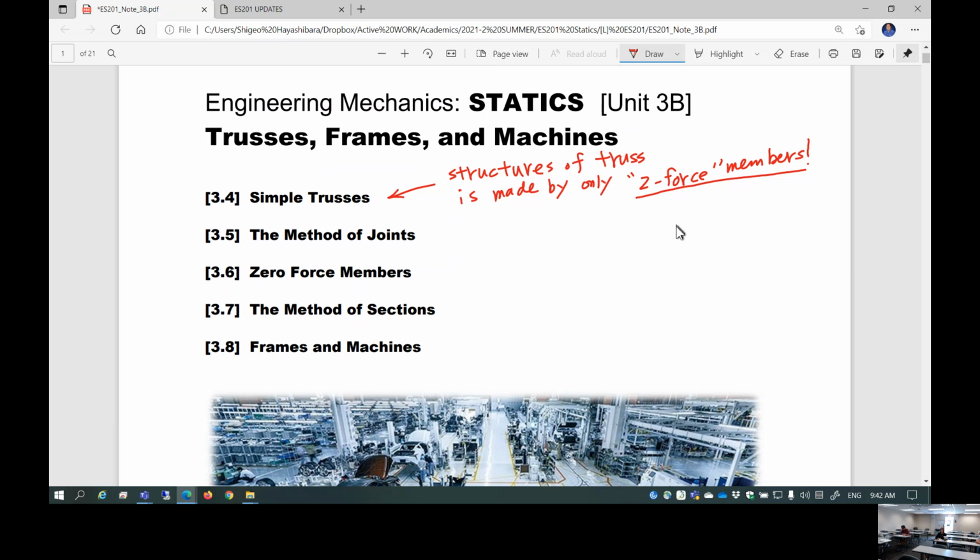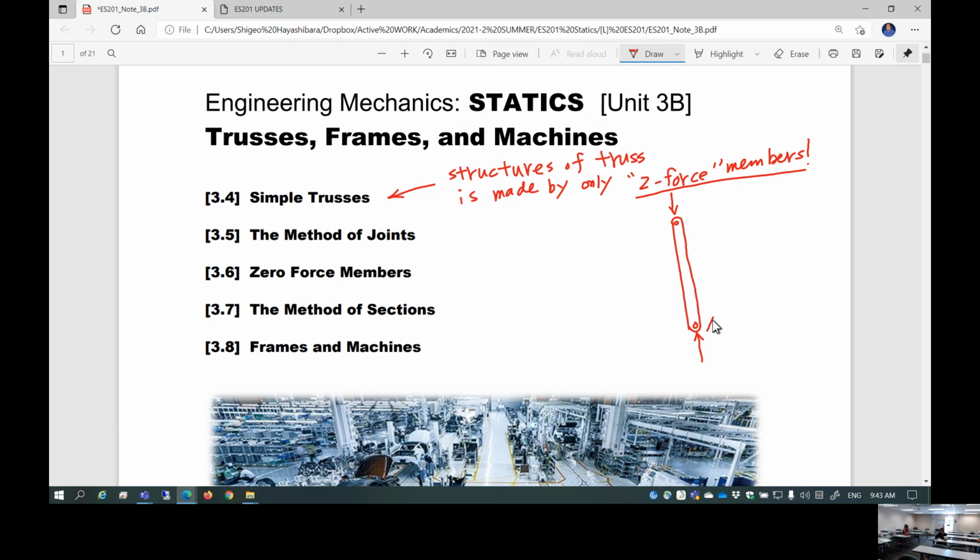That's two force members. So that means a truss is created by some kind of bar, typically a metal bar, with a variable length. Only two forces in the direction of the axis of this bar are acting on it. So if you pick up every member of a truss, it's a two force member.